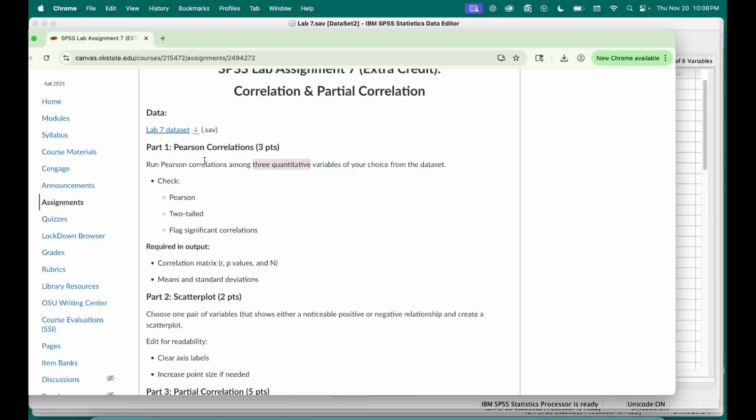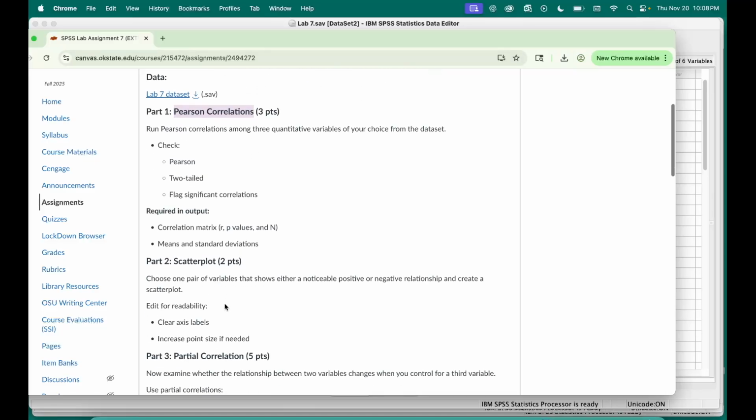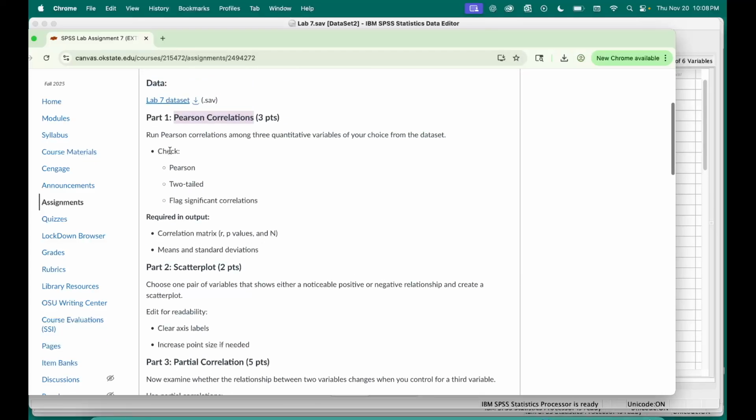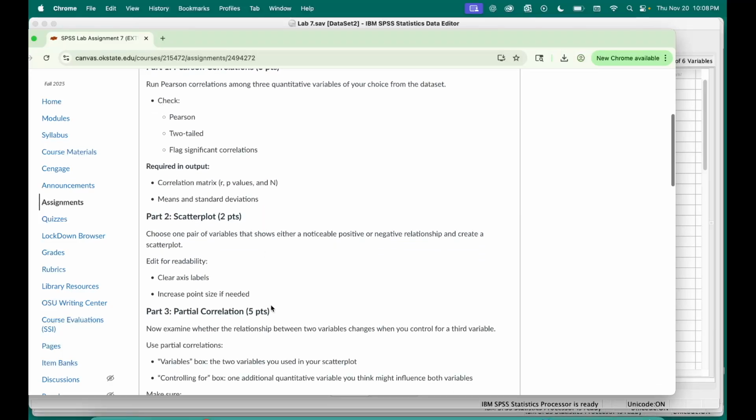So initially what we want to do is some traditional Pearson correlations or bivariate correlations. And then based on those initial correlations, you'll get an output table with those correlations, and I'll explain what to look for. But then based on the interpretation, choose a pair, so 2 variables, that show either a noticeable positive or negative relationship.